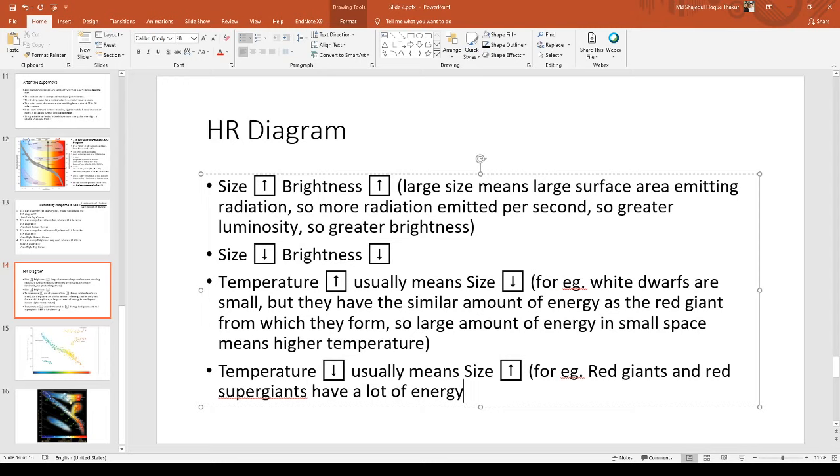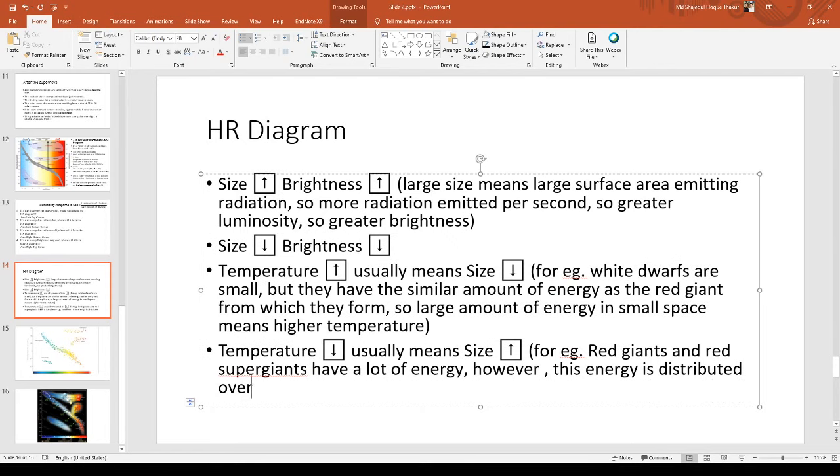These have a lot of energy. However, this energy is distributed over a large space, right?